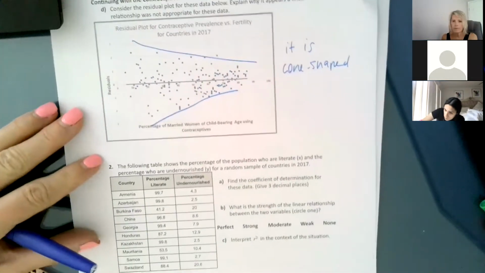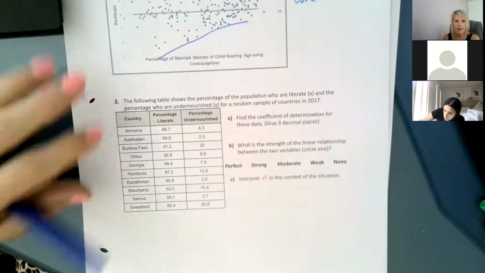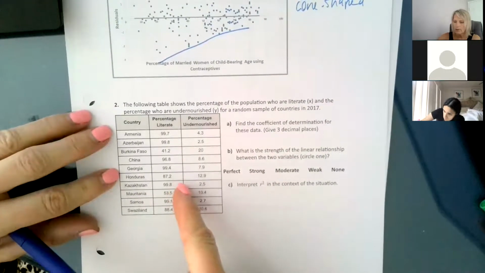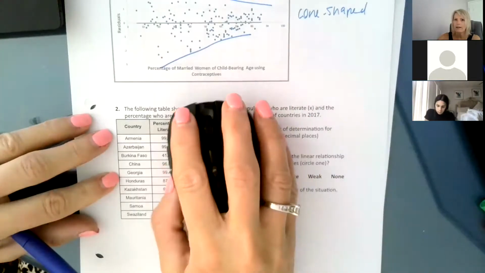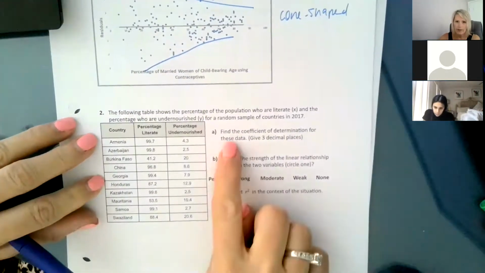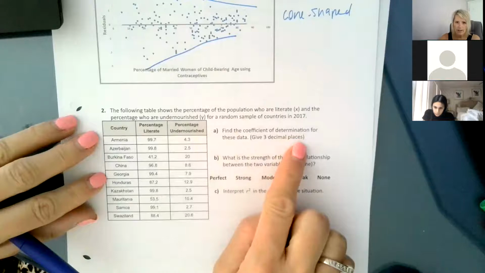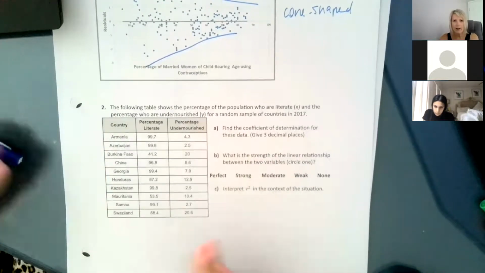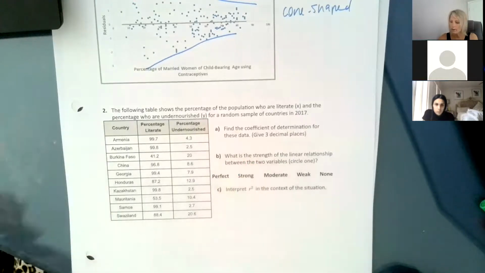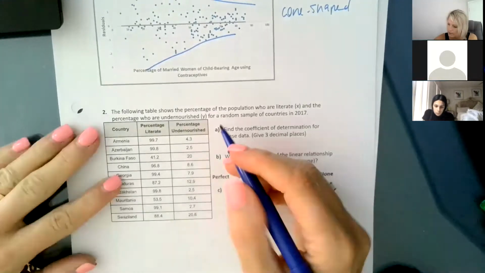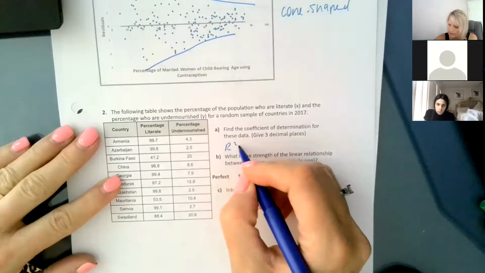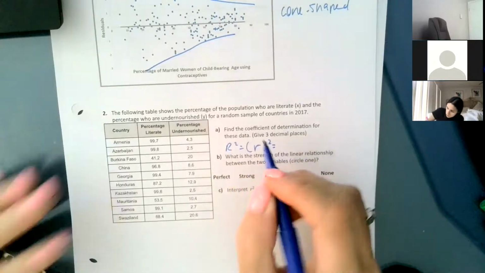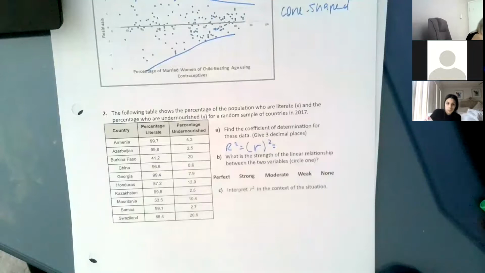Let's just do problem number 2 because we already had this data up from earlier. They're asking us to find the coefficient of determination, which we could just go back to our worksheet for. R squared is found by taking R and squaring it. Let's go back to that page.